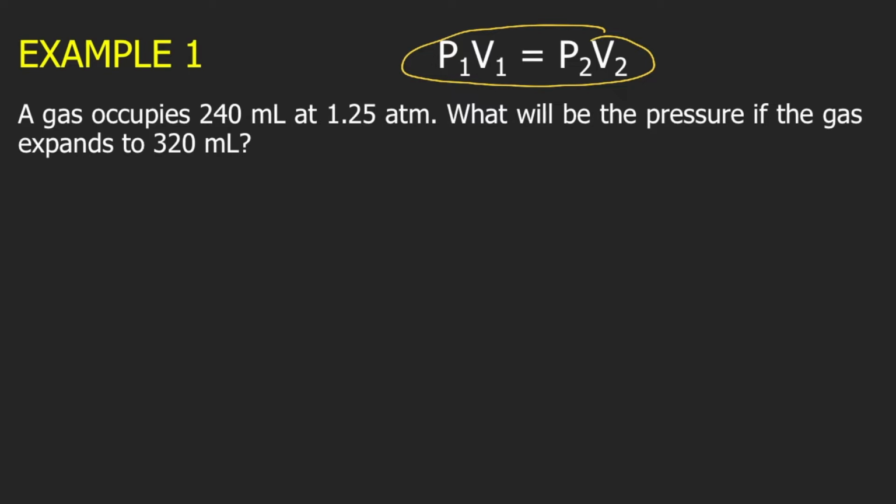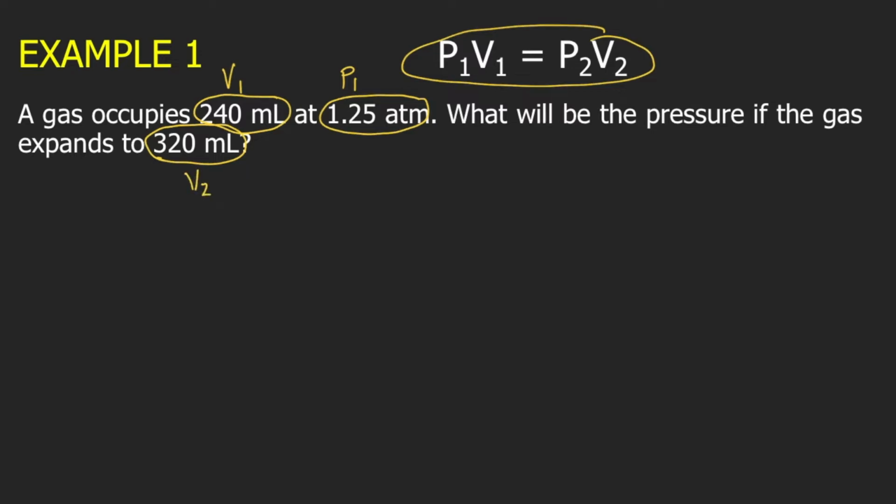Let's assign the variables. 240 ml is your initial volume or V1. 1.25 atm is your initial pressure or P1. And 320 ml is your final volume or V2.